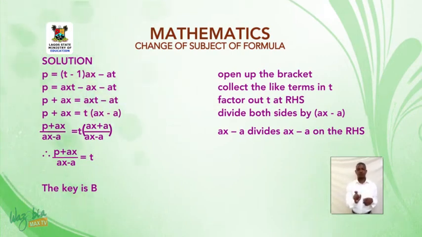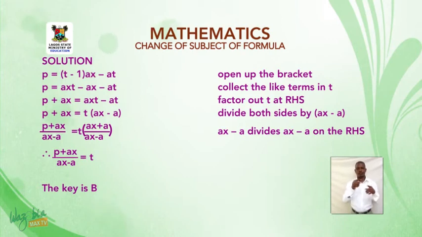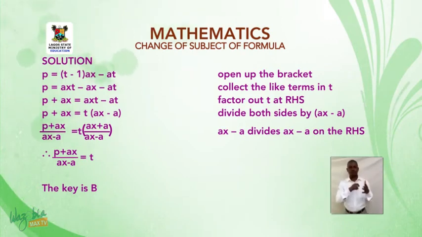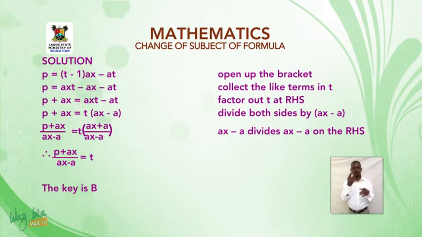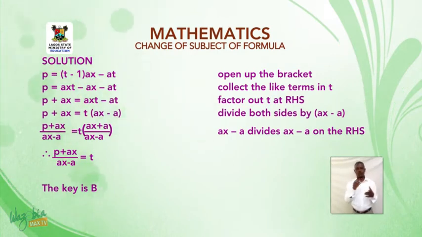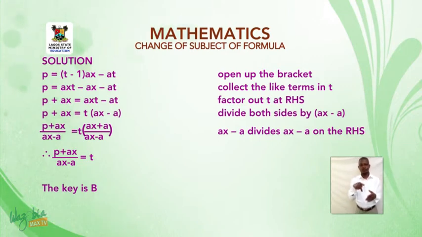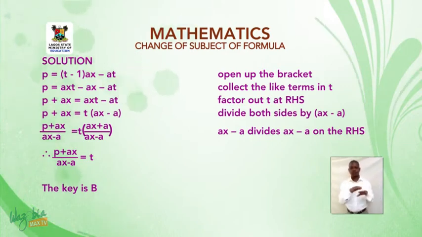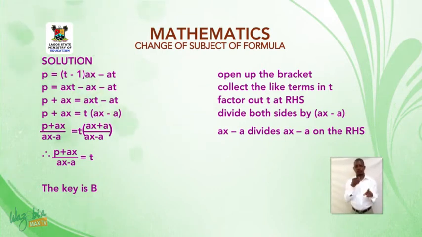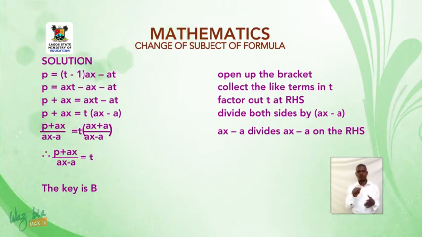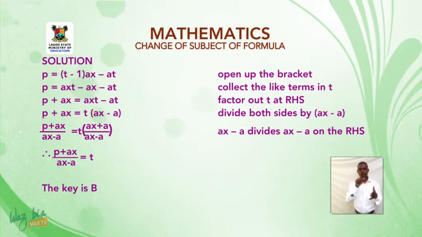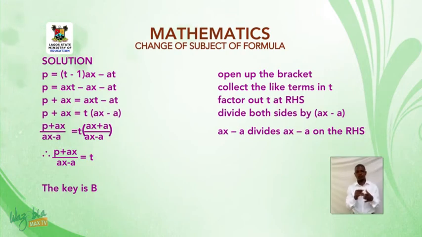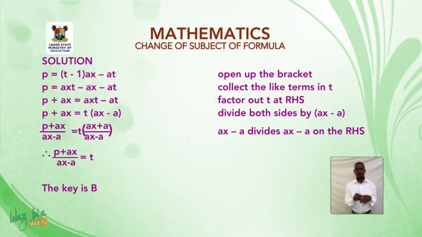P plus AX is equal to T bracket AX minus A. Divide both sides by AX minus A. P plus AX over AX minus A is equal to T bracket AX minus A over AX minus A. AX minus A divides AX minus A on the right hand side.